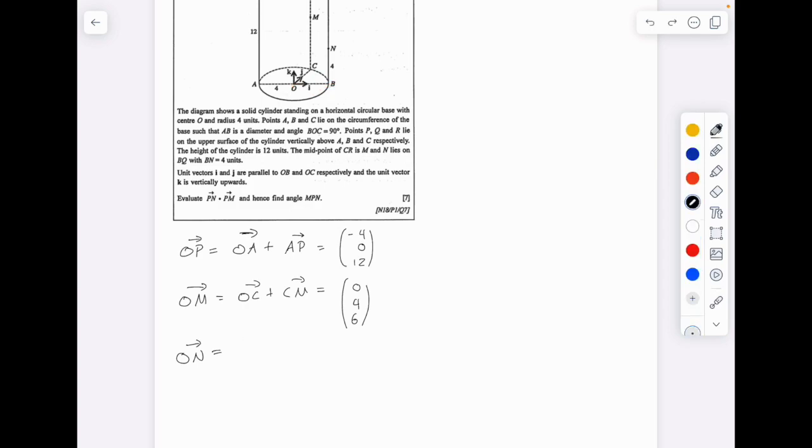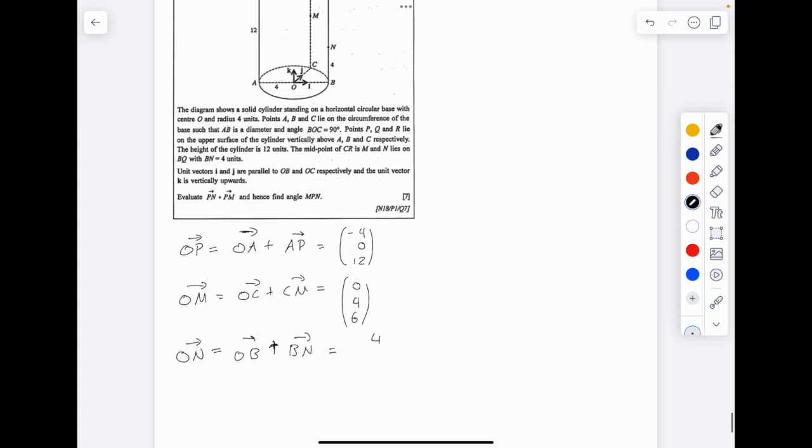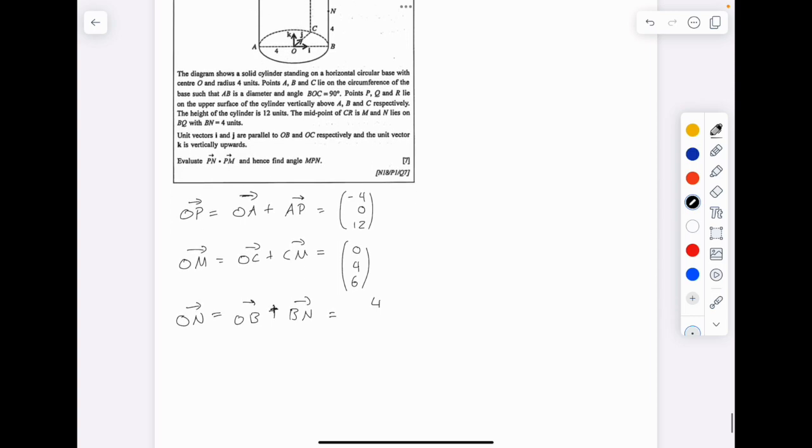Let me just write this out: OB plus BN, which equals 4i, 0 in the j direction, but 4 in the k direction. Brilliant.